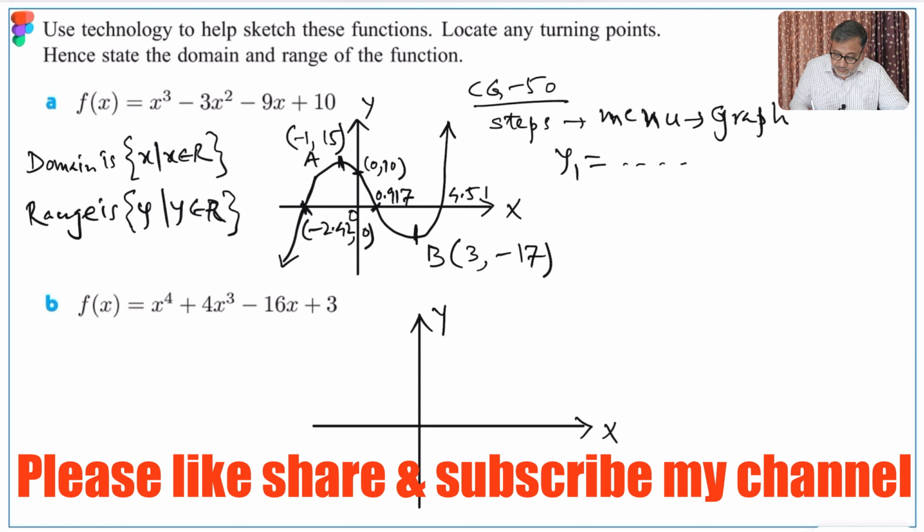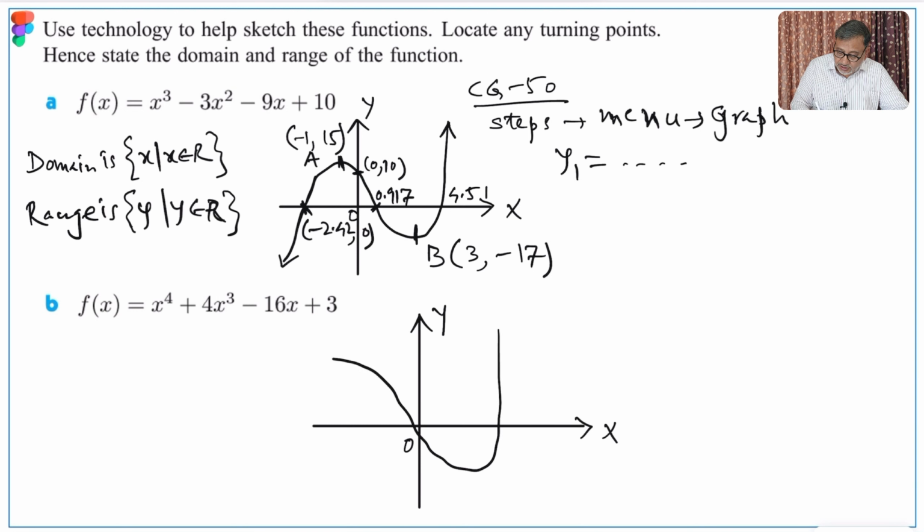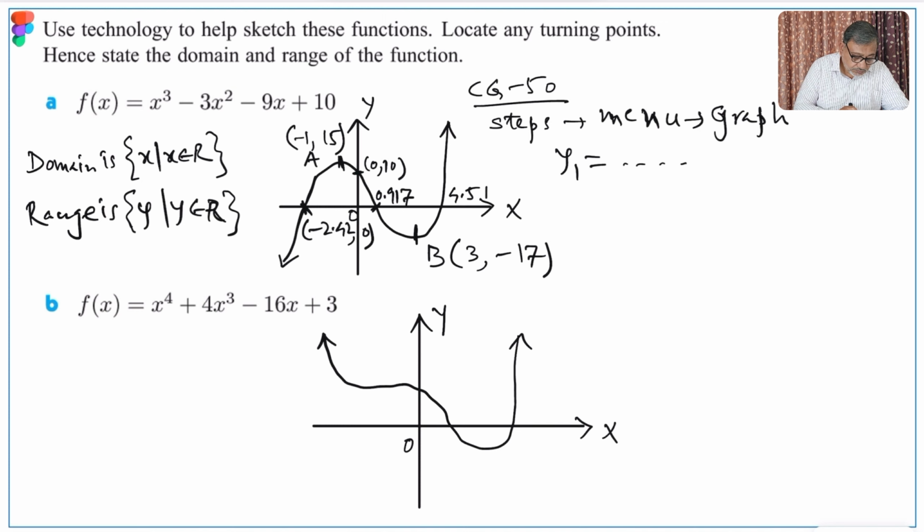Origin. So it is something like this, okay. Not in this way, sorry, like this, it is not going on the negative side, okay. So I'll find the y-intercept, 0 and 3, so here is 3.